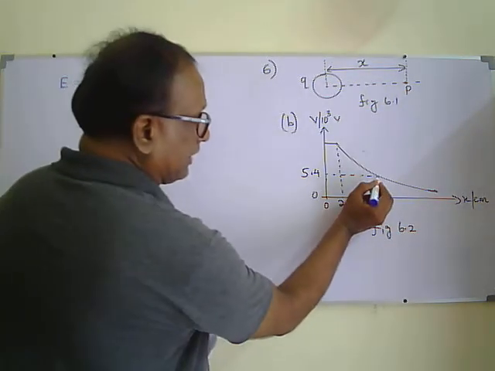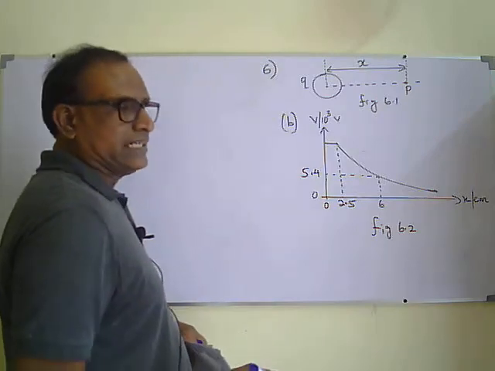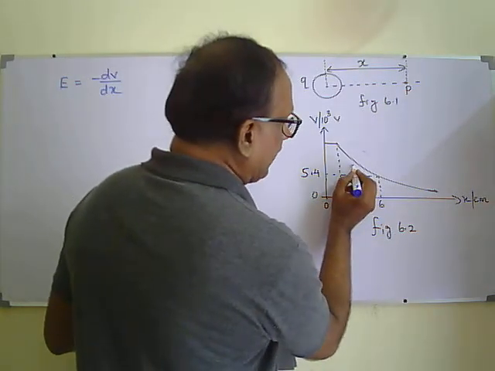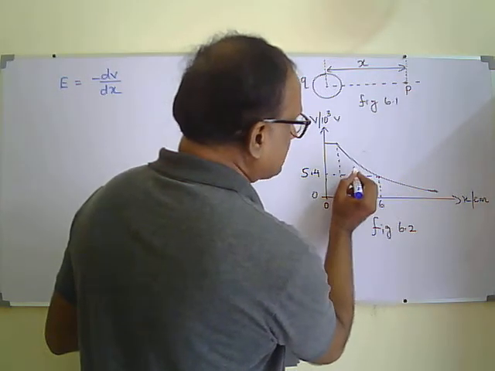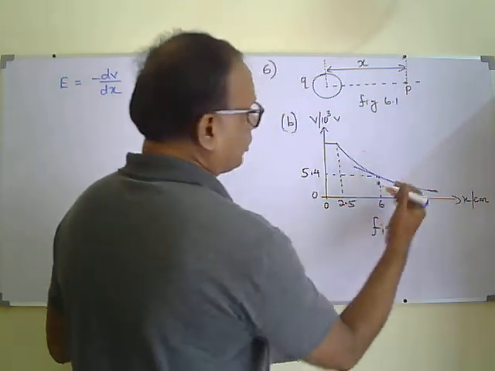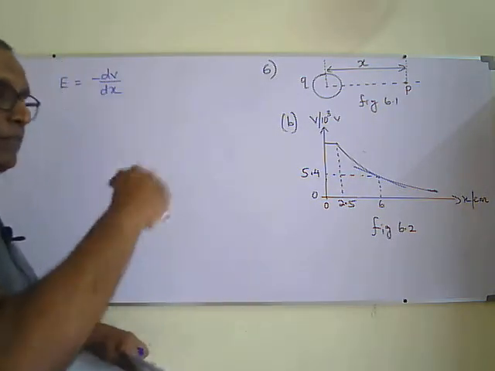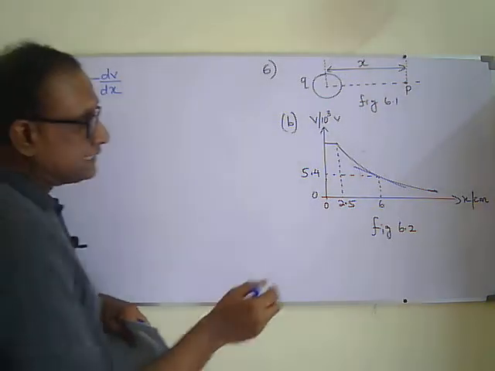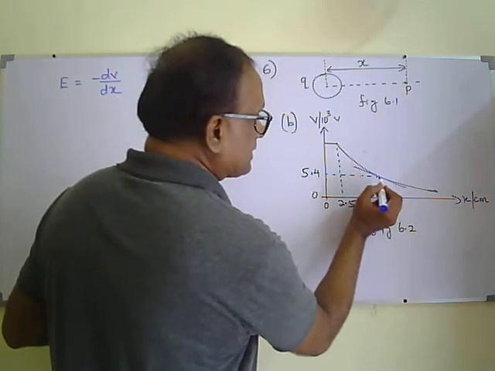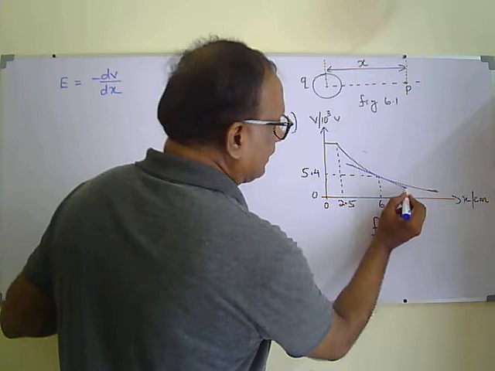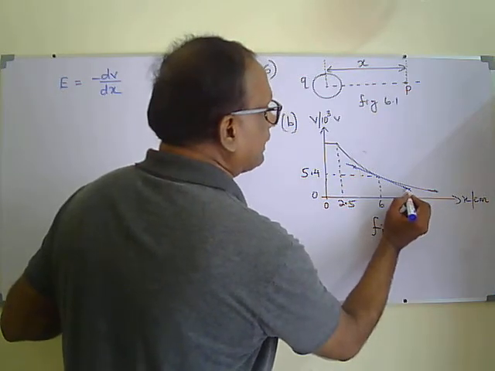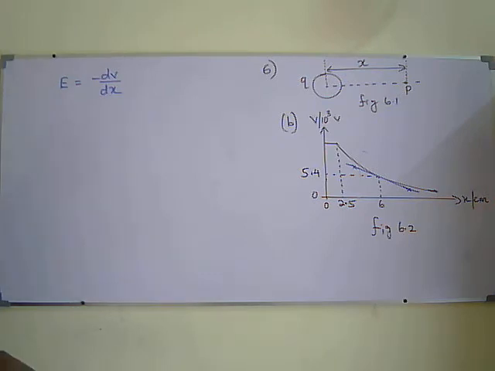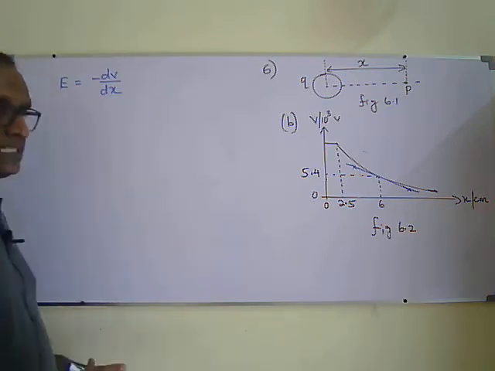So at 6 centimeter, if I draw a tangent to the graph, you can keep the ruler like a tangent, you will get a negative gradient because the slope is like this. But multiplied by the minus sign, you will get the electric field strength. So draw a tangent to the graph at 6 centimeter and find the gradient of the tangent by taking 2 points on the tangent you drew. That will be the electric field strength.